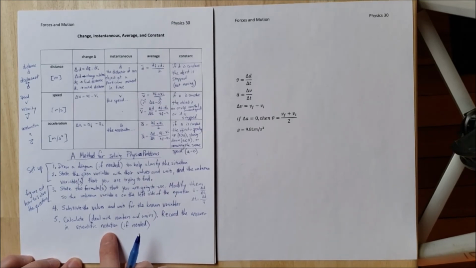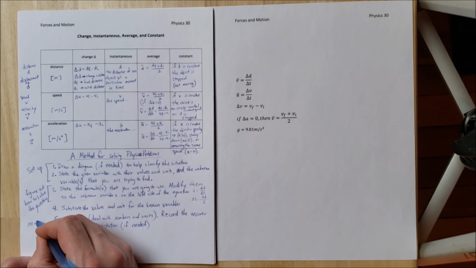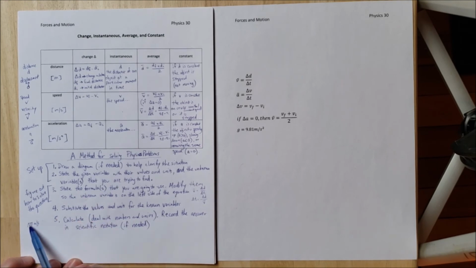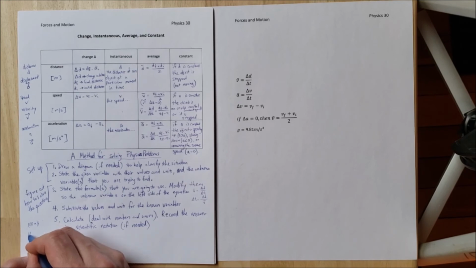Also, if you need to show how many significant digits, like say your answer ends up being 100 meters per second, and you really need to show that there's 2 significant digits but not the third, then you should write it as 1.0 times 10 to the 2 meters per second. And I can explain that a little bit more too.